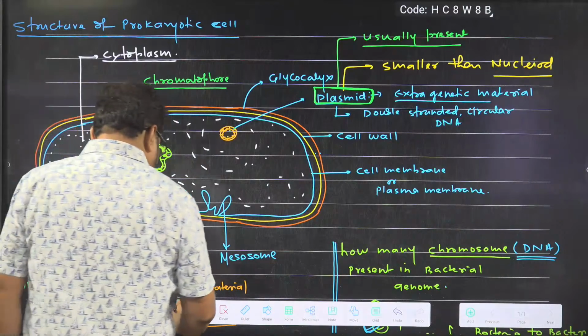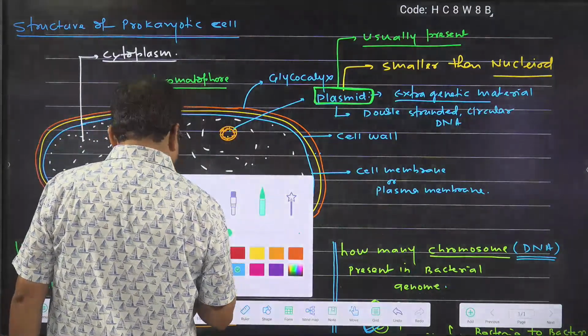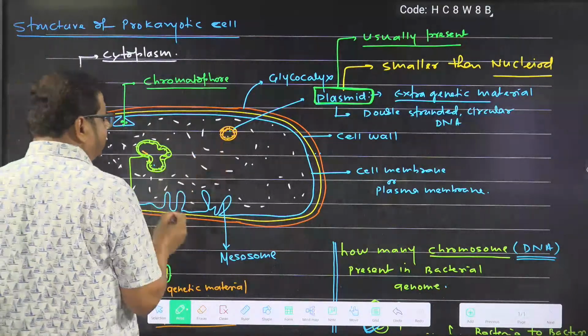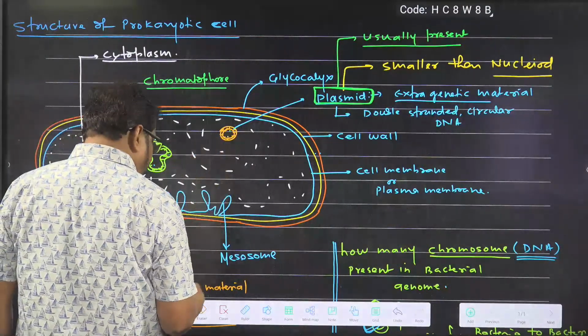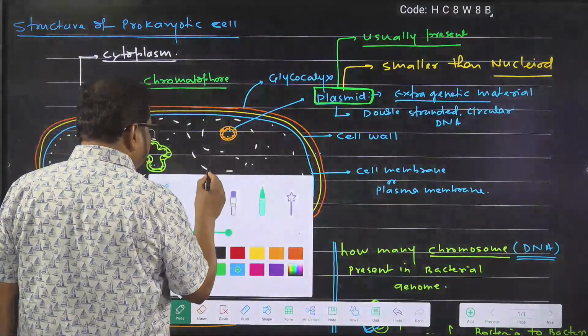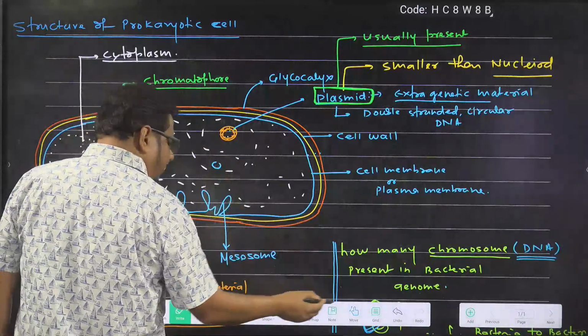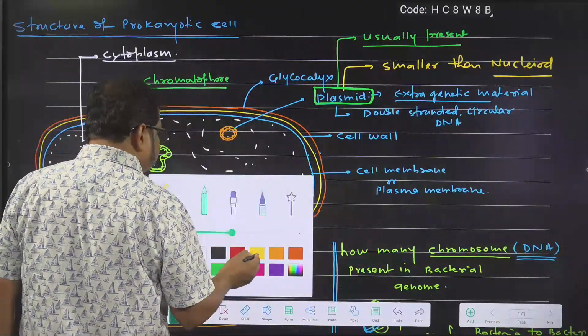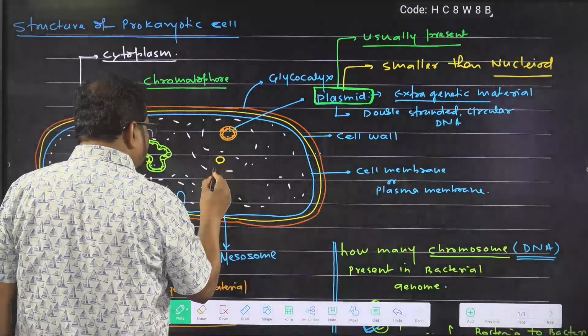Got the idea? Inside the cytoplasm, what is present? One thing, nucleoid is present, another thing, plasmid is present, and another thing which is present I am drawing. This is the ribosome, it is present also.